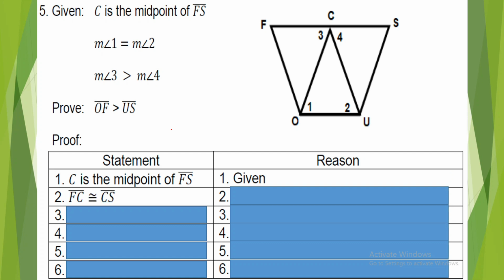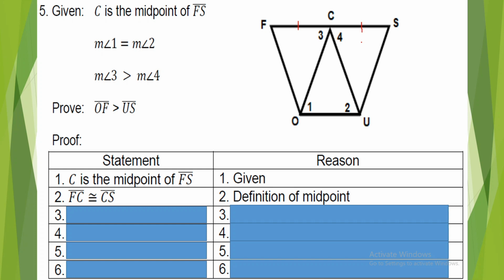And then based on the definition of midpoint, we have segment FC is congruent to segment CS because point C divides segment FS into two congruent parts. So this segment is congruent to this segment.